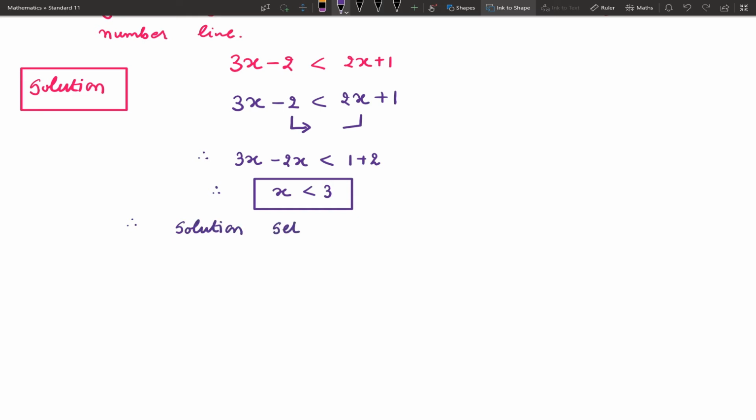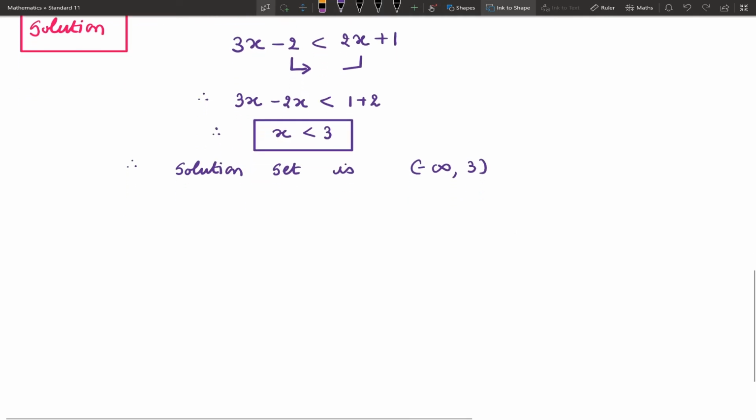solution set is x is less than 3, so the open interval minus infinity to 3. Now let us denote this solution on the number line. Since the inequality is strict, at 3 we have to draw a hollow circle.